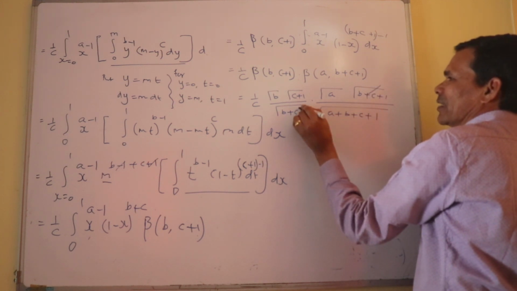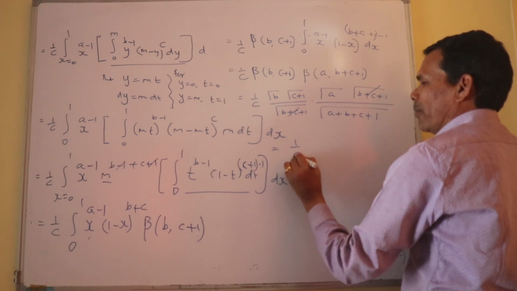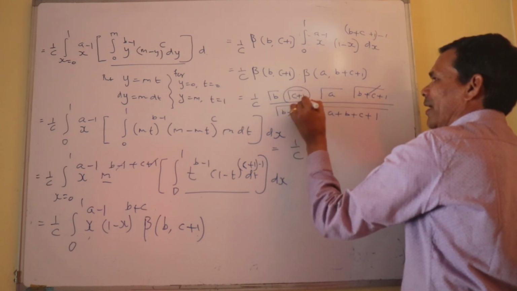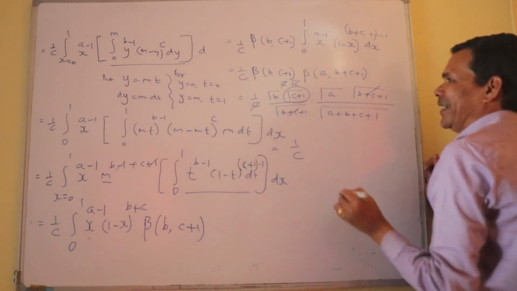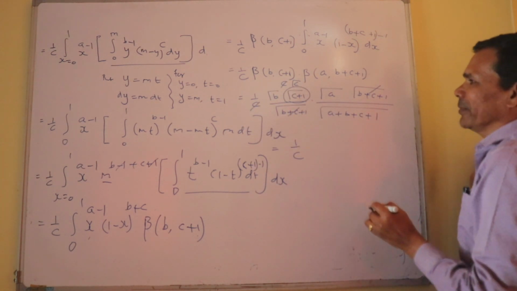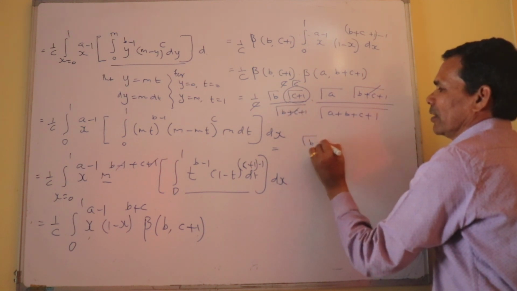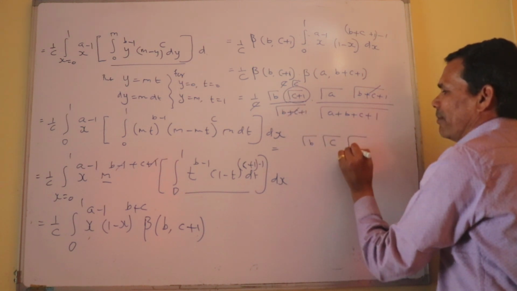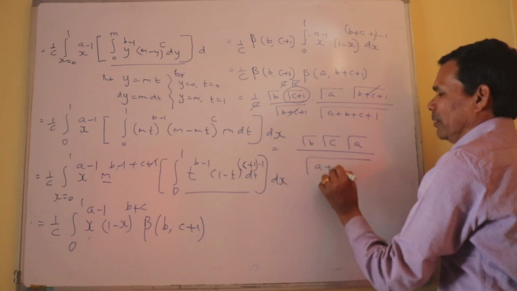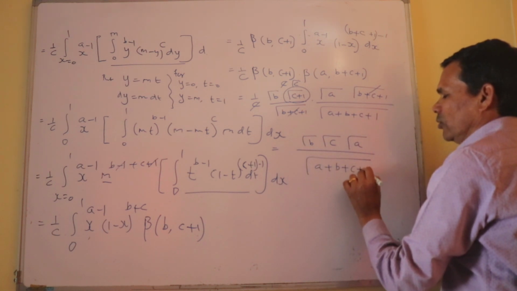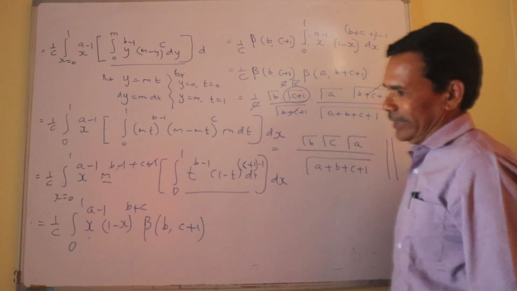So this gets cancelled from here, and this is equal to 1 upon c. This I can also write as c into gamma c, and this c gets cancelled. So I am getting gamma b, gamma c, gamma a upon gamma a plus b plus c plus 1. So that is the value of this particular triple integration.